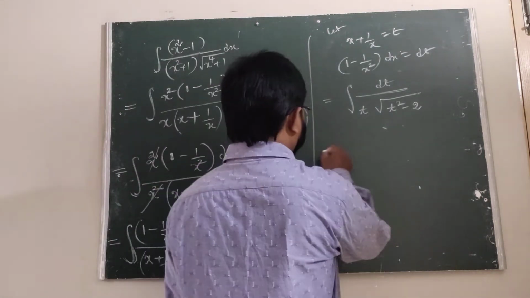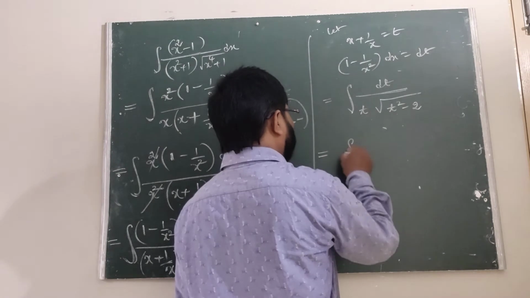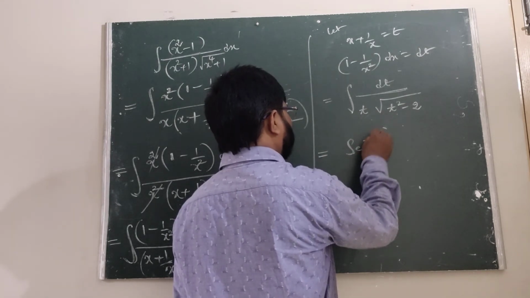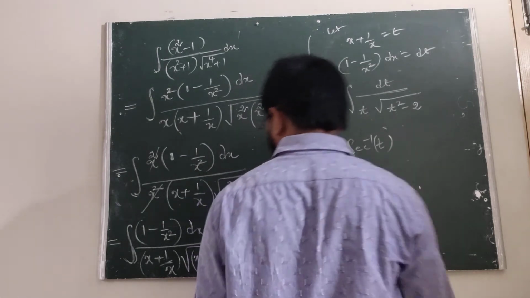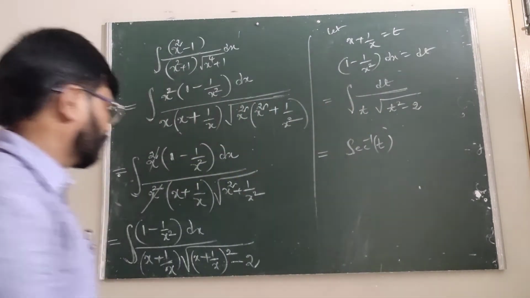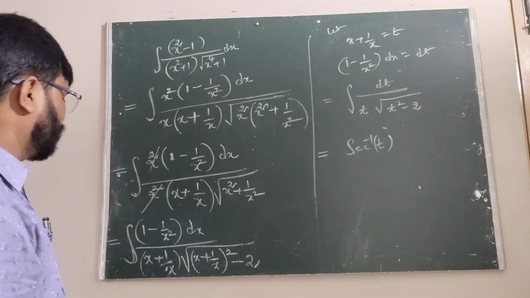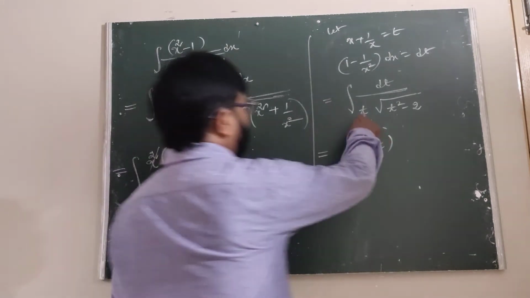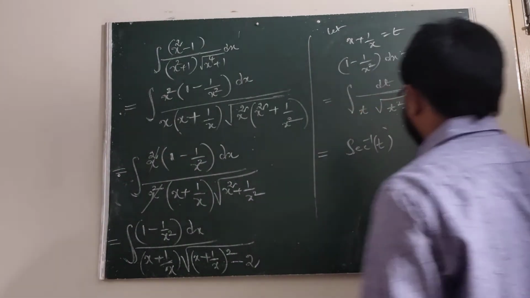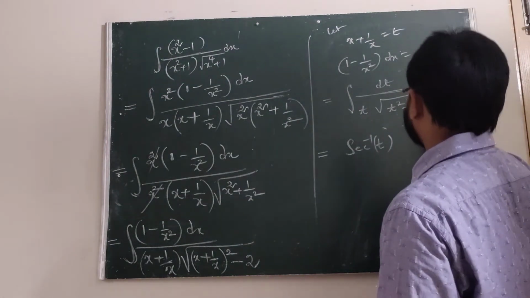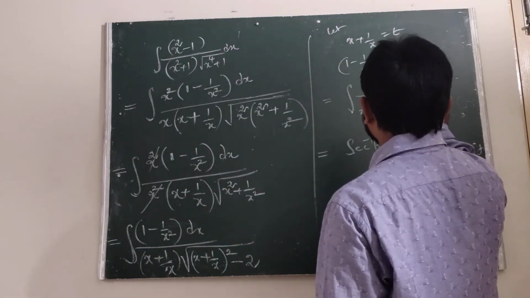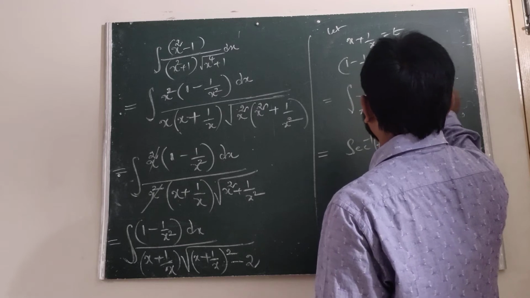We can write this in the form of secant inverse of t. Therefore, this is the formula for mod of t into root of t square minus 1. How to write this one? 2 can be written as root 2 whole square.